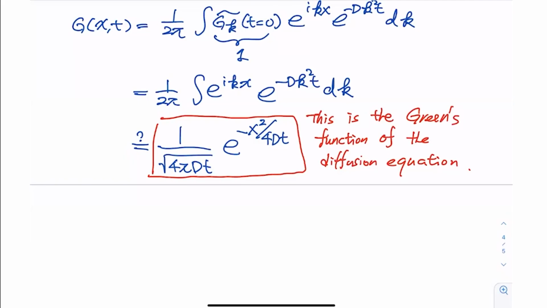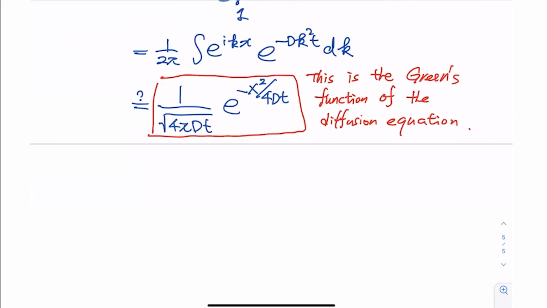Okay, if not, let's see how this Green's function method works. Yeah, please. No, I don't think it needs to be linear.